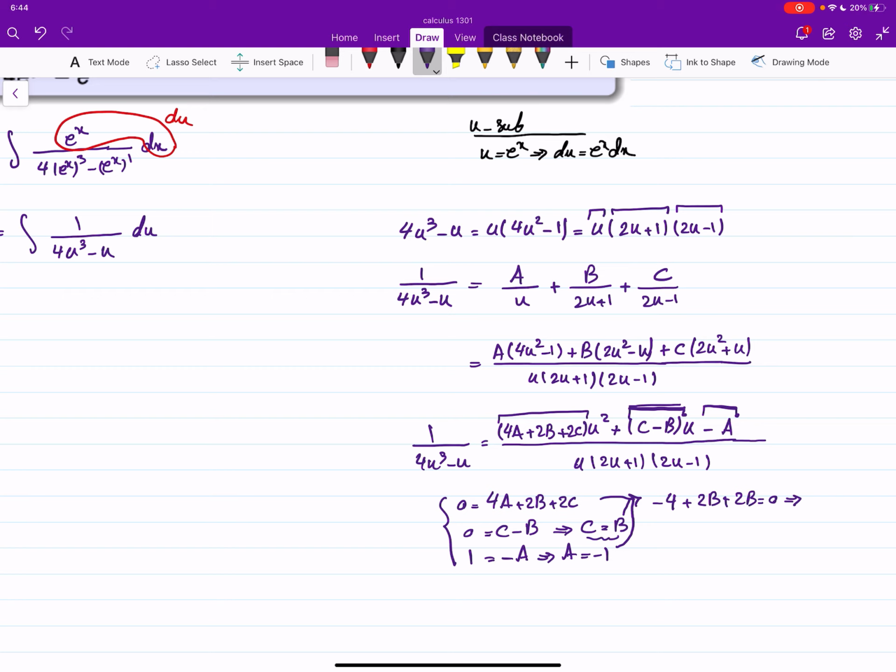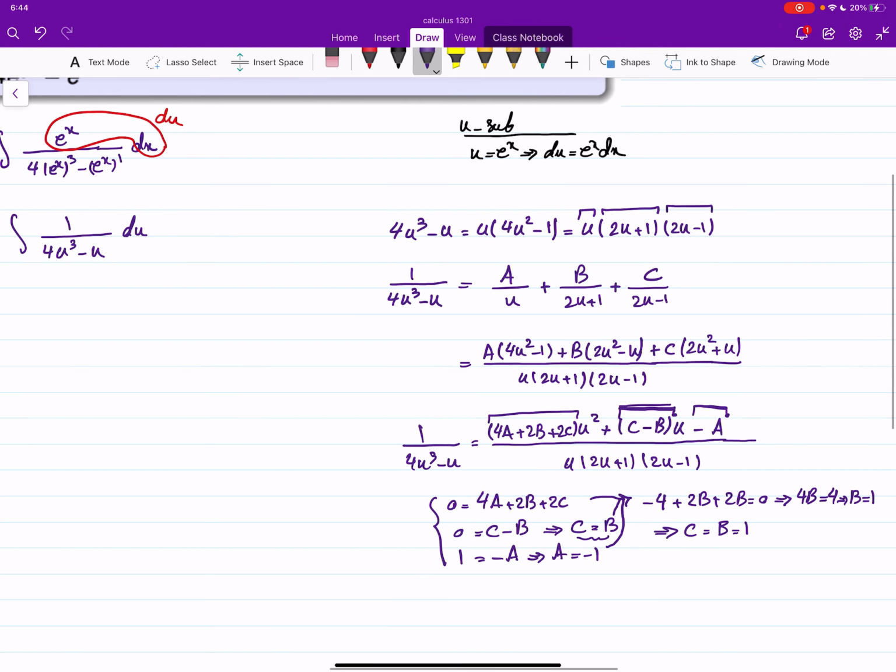So I get 4b equals 4, which gives me b is equal to 1. And right away from the equation that we found before, c must be 1 as well. So we found all the coefficients: a must be negative 1, b must be 1, and c must be 1.